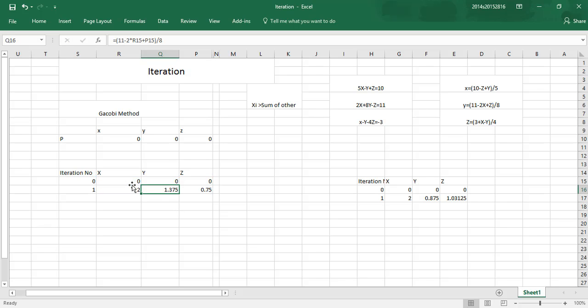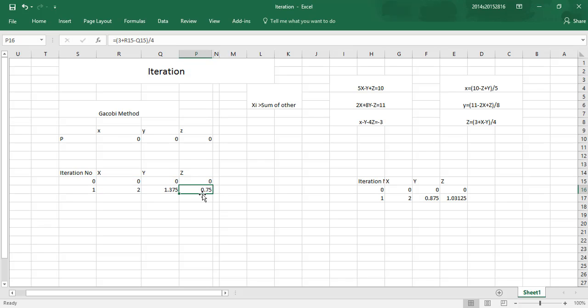Okay, and the same for z. z here equals 3 plus x minus y, divided by 4, and here 3 plus x minus y, all divided by 4.